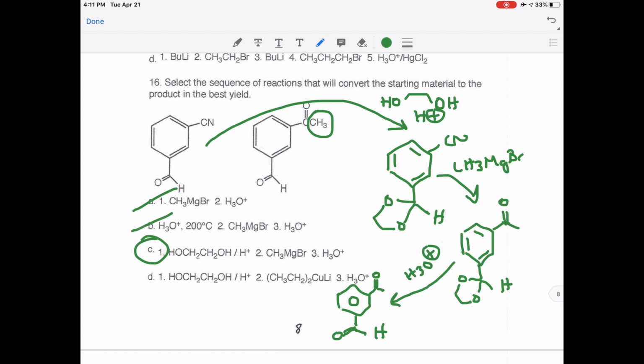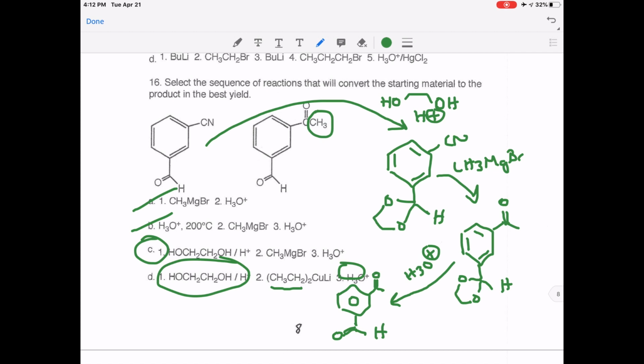For choice D, we have the protecting group part settled. We have the ethylene glycol and the H3O plus at the end. But the problem is that we have a diorganocuprate, so it can still react with the nitrile to produce a ketone, but it has an ethyl group instead of a methyl group.